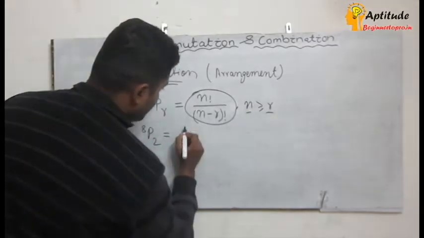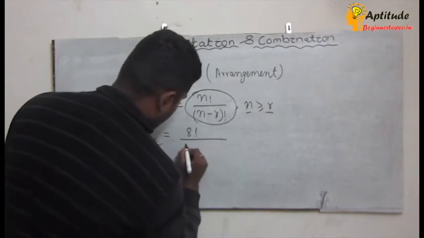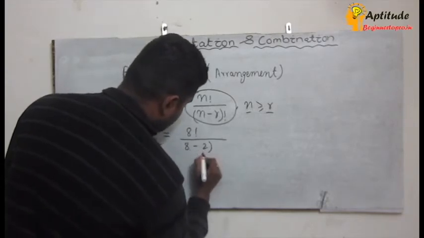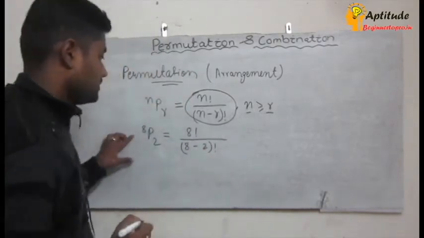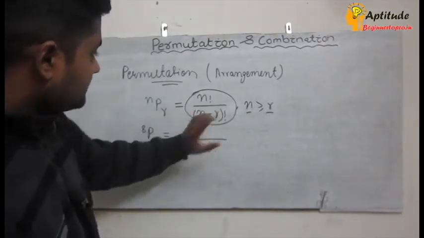So 8P2 can be written as 8 factorial divided by (8 minus 2) factorial. nPr can be written as n factorial by (n minus r) factorial.